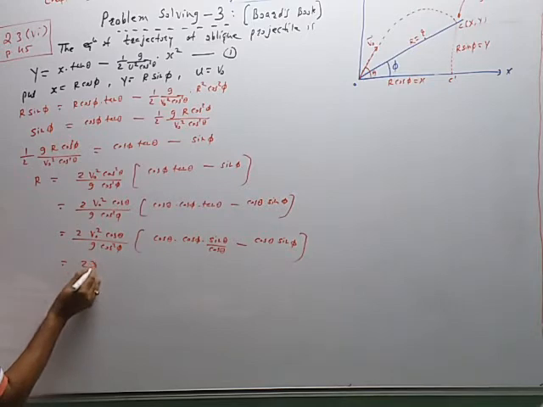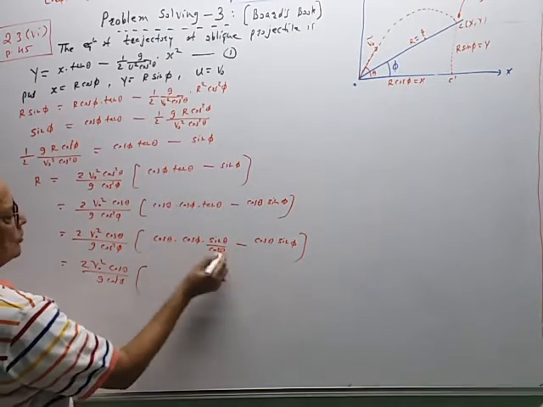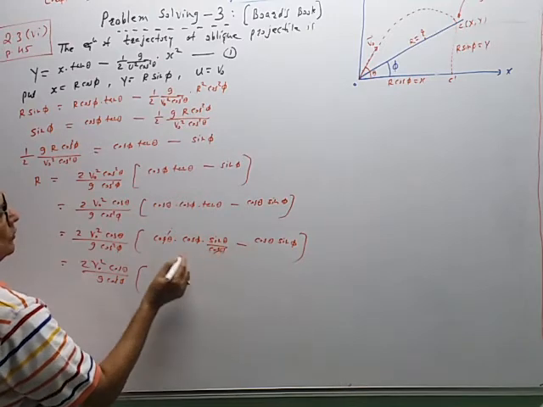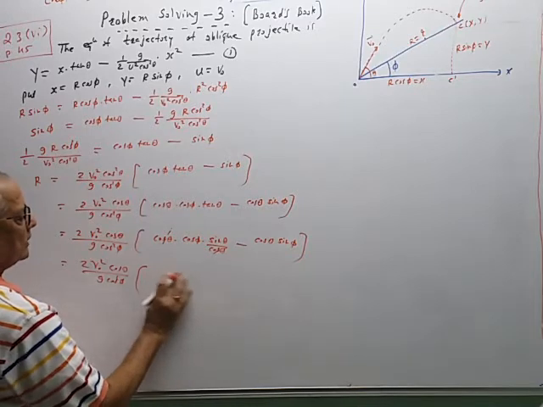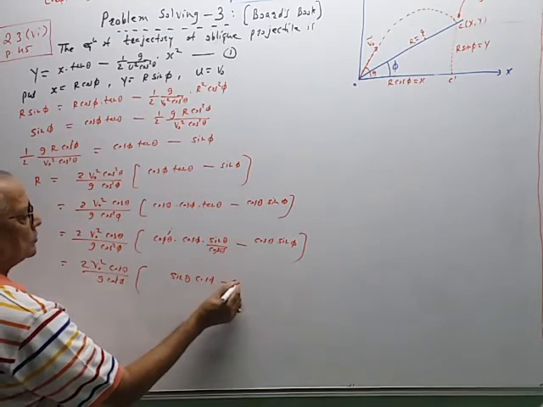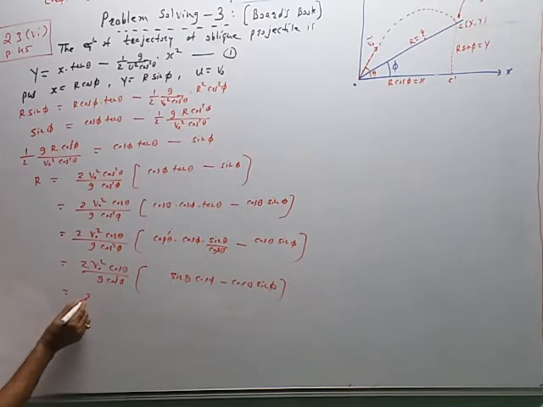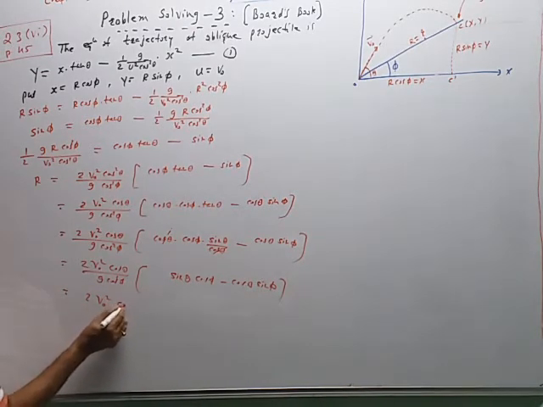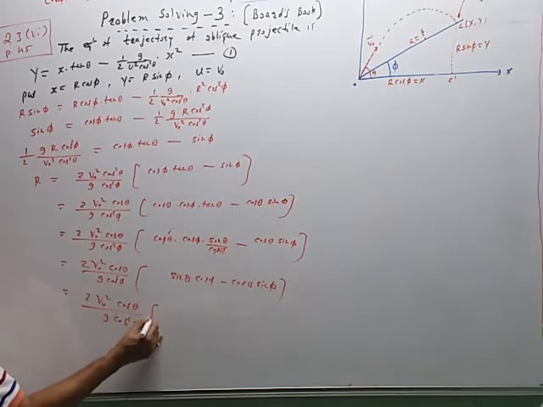Outside the bracket the value is the same: 2 v0 square cos theta upon g cos square phi into the bracket. This cos theta will get cancelled, and therefore we get sin theta cos phi minus cos theta sin phi. Now what is this value?